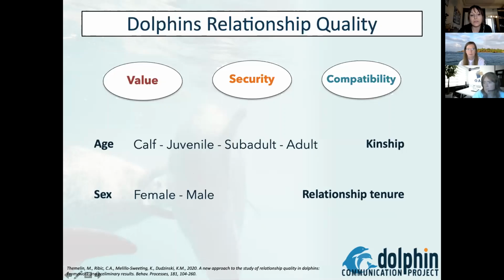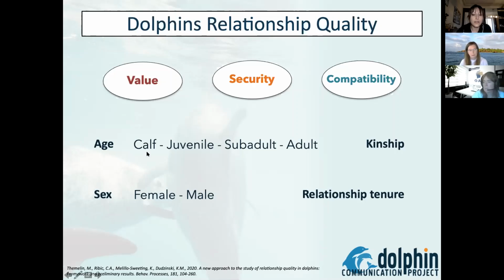And this means that we were asking questions like, for example, do female-female dyads have more compatible relationships? Or are juvenile-juvenile dyads more secure? Or do siblings share more valuable relationships than non-siblings?